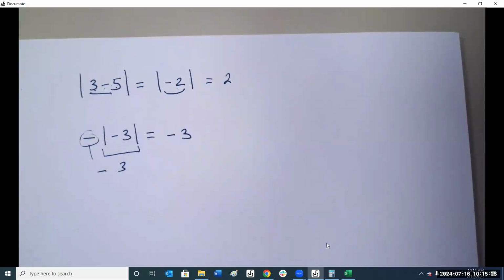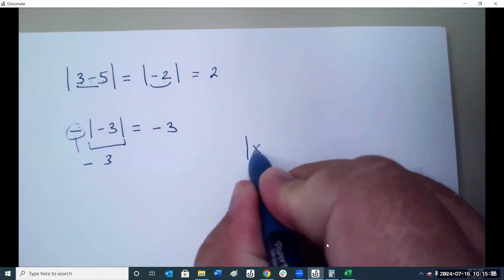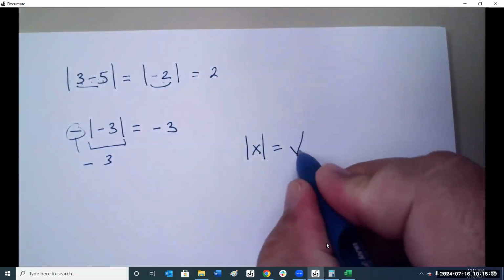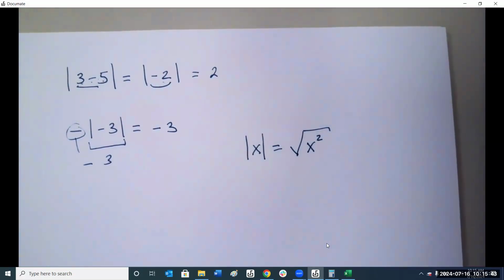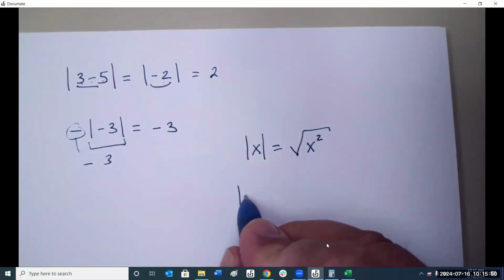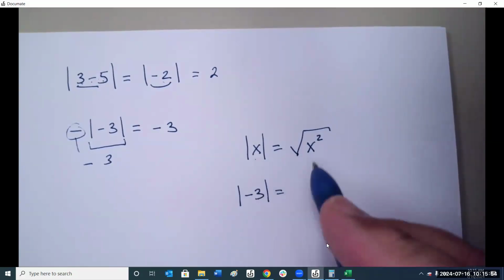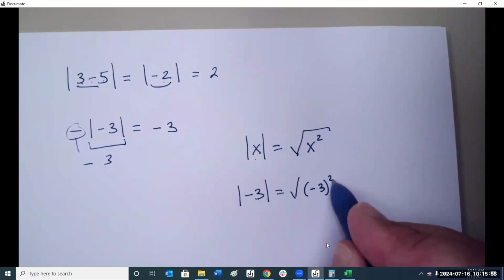Now, why am I showing you all this? Is because the formula that we commonly use for absolute value is this. So there's X. We take -3 and square it.